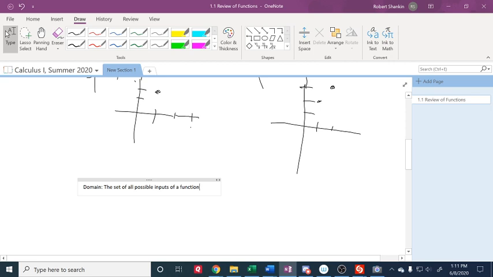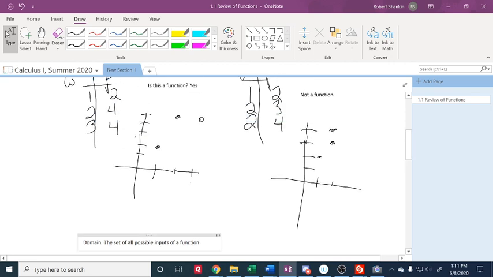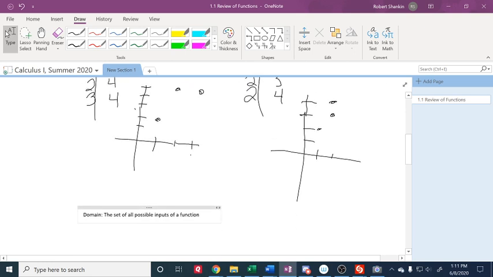Now, if it doesn't pass the vertical line test, and it's not a function, we have a name for it. It's called a relation then. A relation because it's some kind of relationship between the input and the output. But if it passes the vertical line test, then it's a function, and most of the time we're dealing with functions. But we could technically say a function or relation.